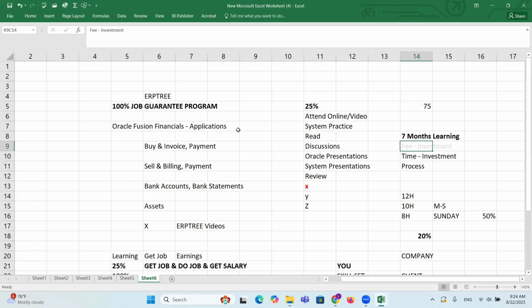But when we talk about Oracle Fusion Financials, it's a purely functional course. The technical things keep evolving and are converting into functional. If you take 10 years ago, what you did technically was very, very complex. These days, the technicality has converted into drag and drop or minimal coding.